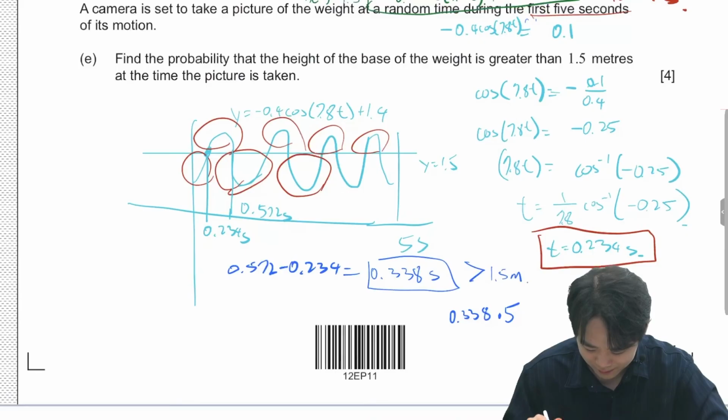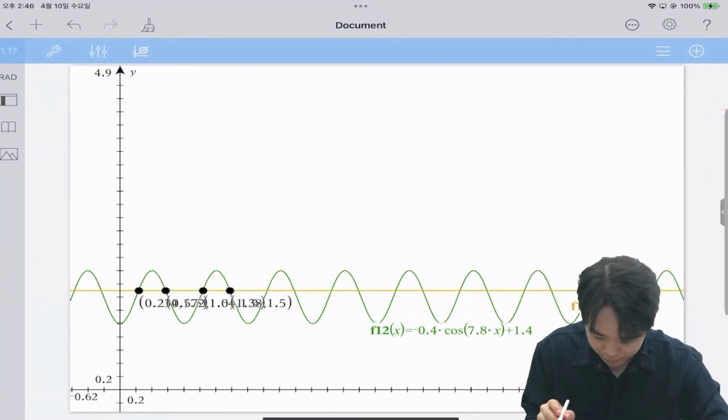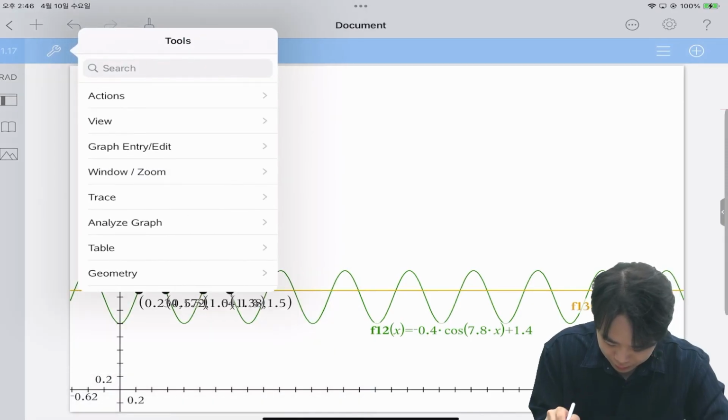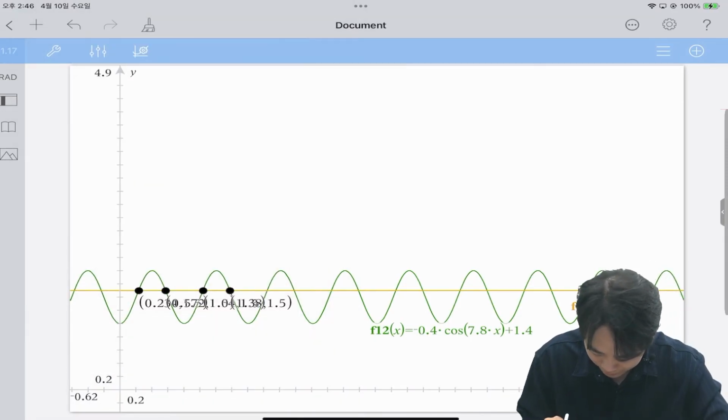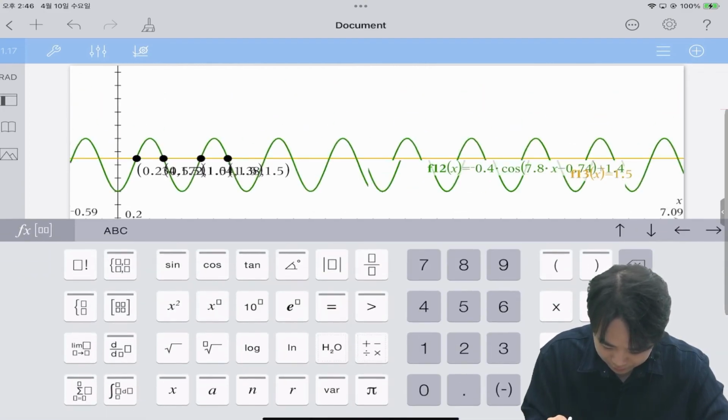What I mean by that is, if you take a look at this entire graph, let's actually draw when x equals 5.